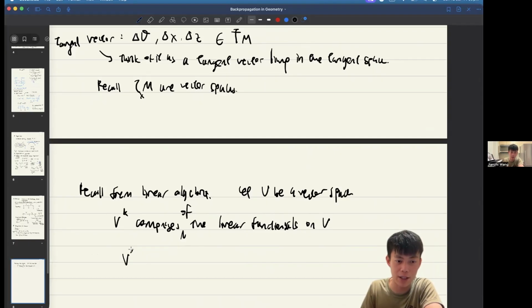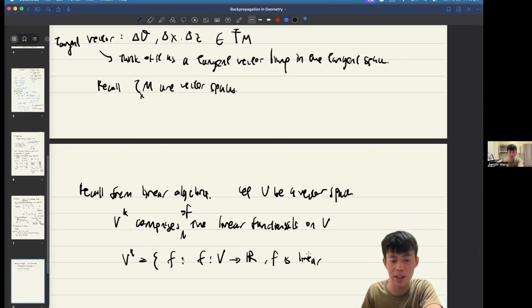It means V star, right, is the set of F such that F is a function that takes in an element in the vector space V and produces a real number, right? And F is linear. Linear in the sense that if you give it A plus B, it is equivalent to just acting F on A and adding it to F acted on B.